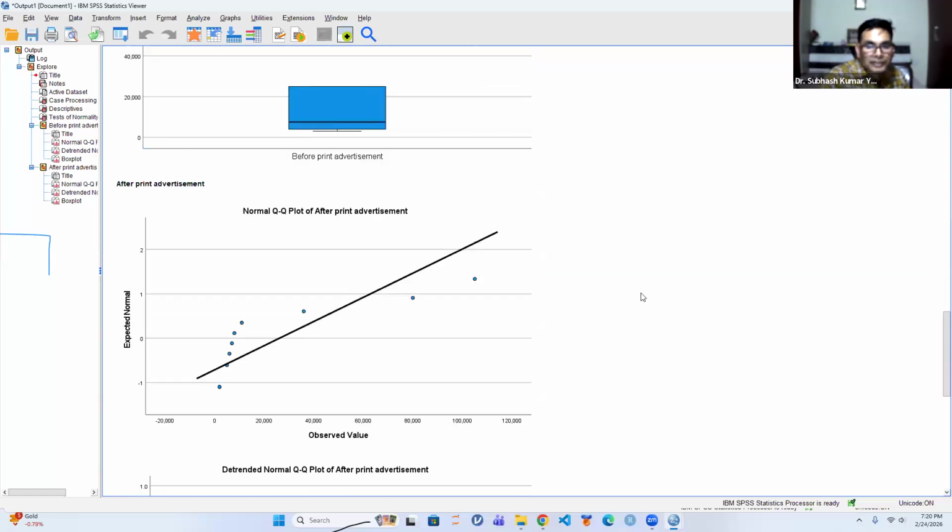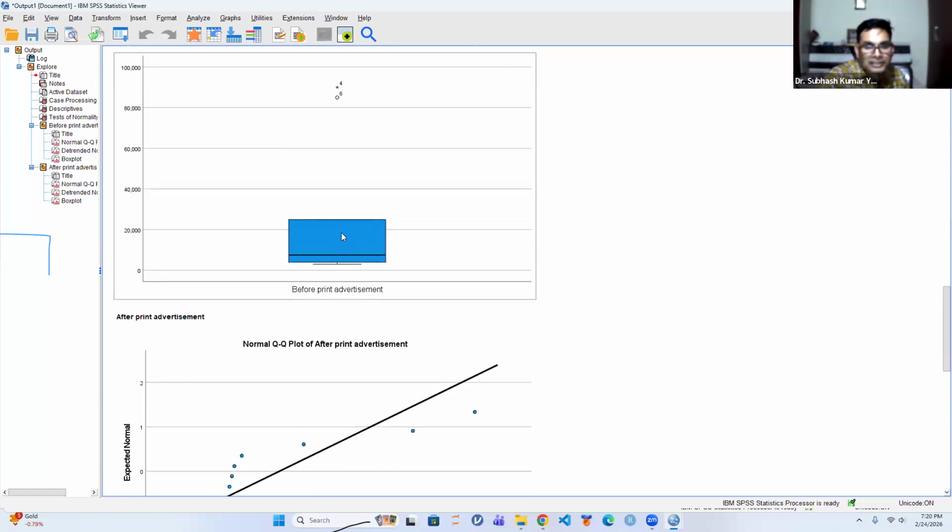This is the box plot and these are the whiskers. Here this point is Q1 and this is Q2, that is the median, and this one is Q3.